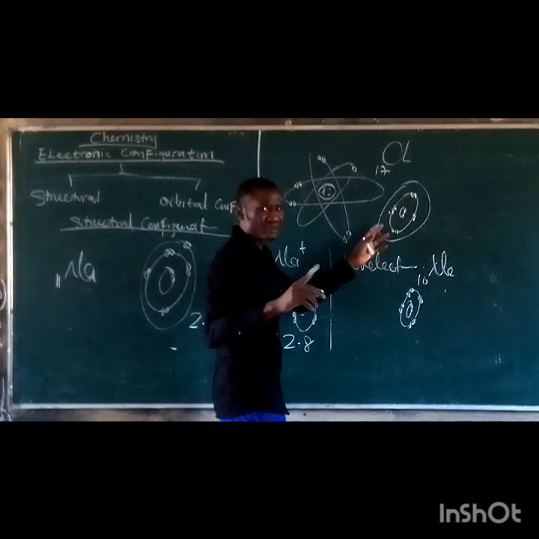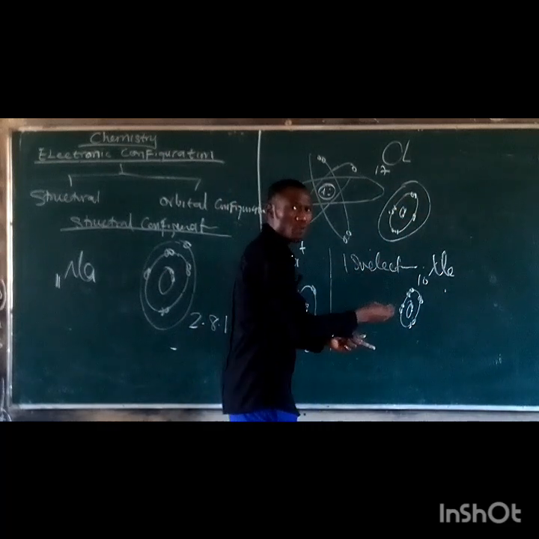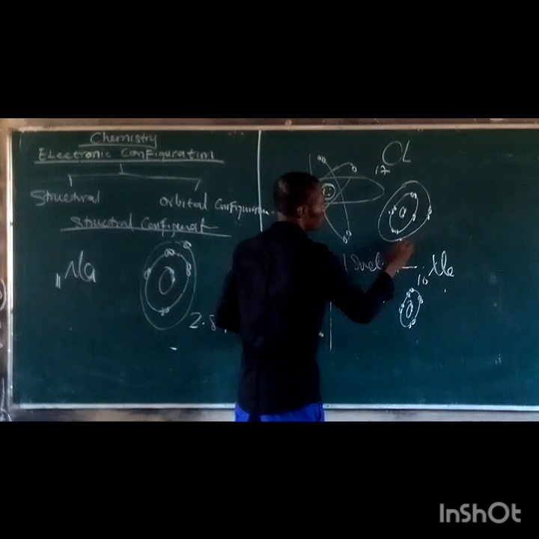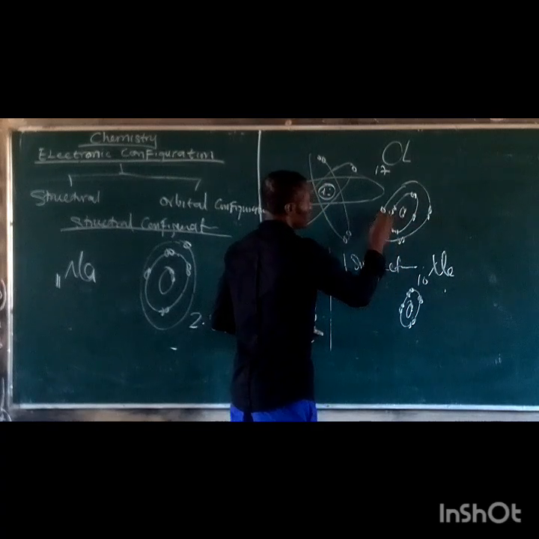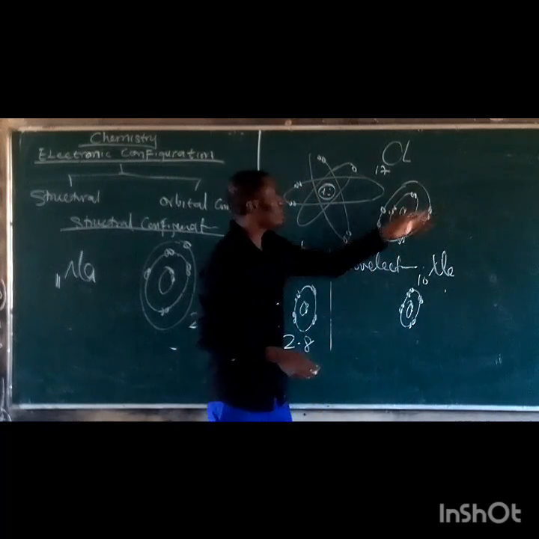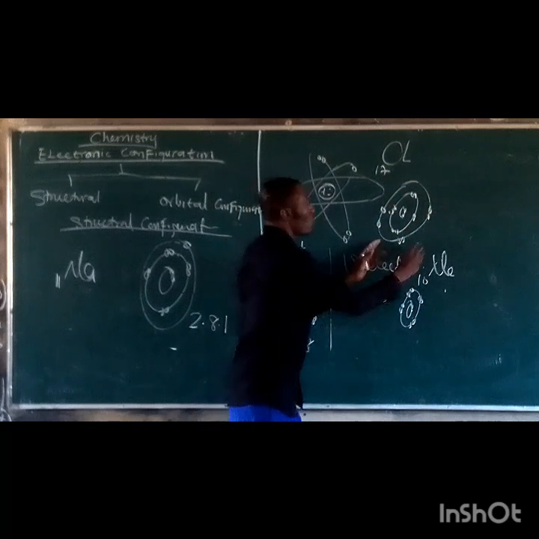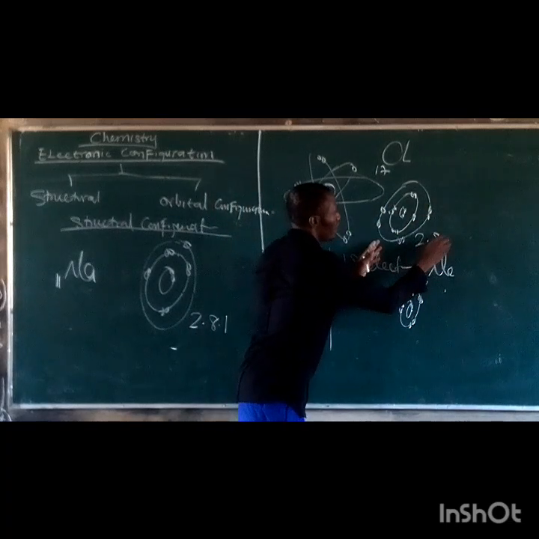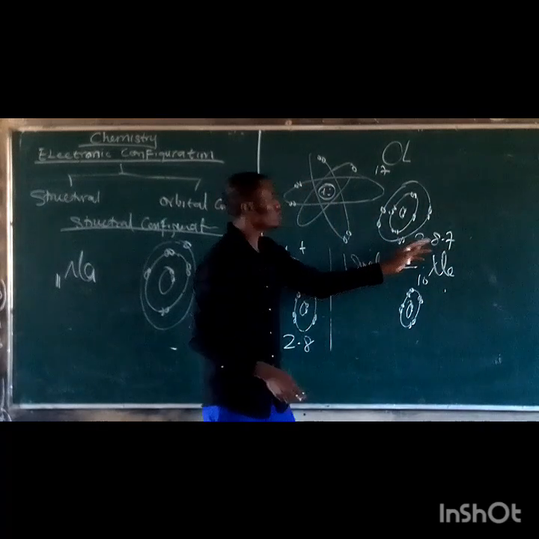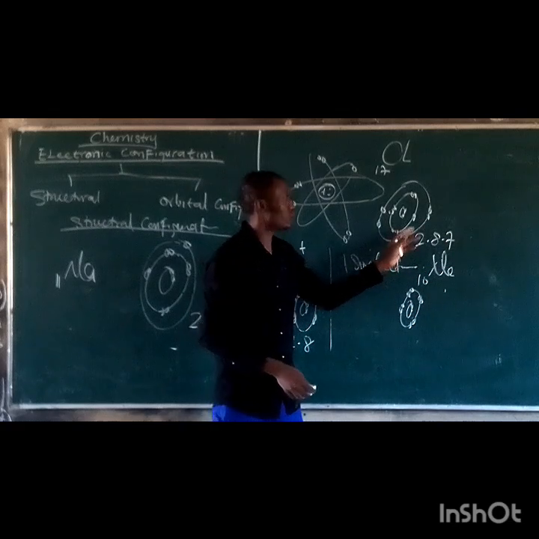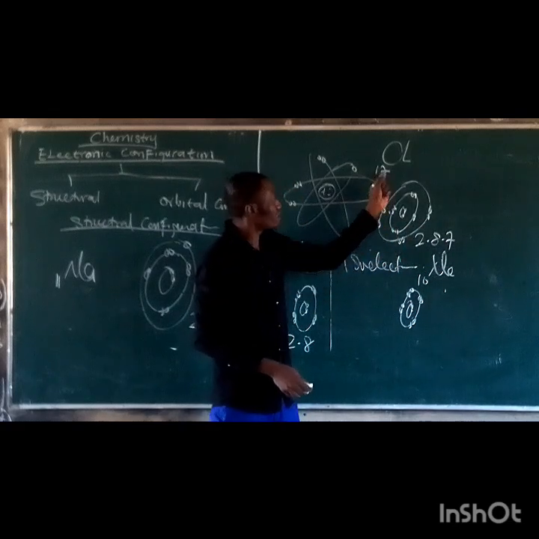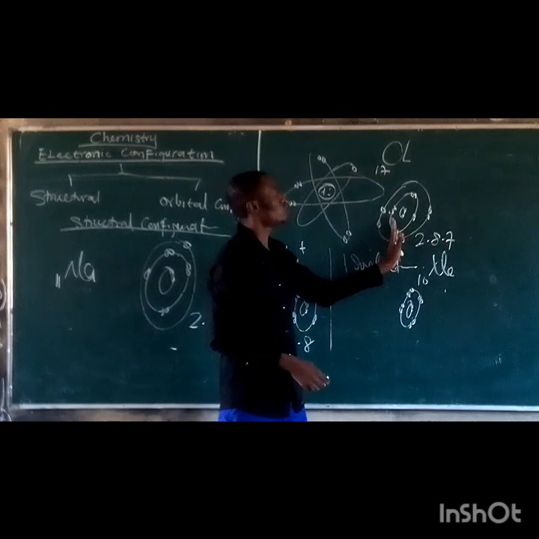It remains 7 for the outer shell. So the configuration is 2, 8, 7.